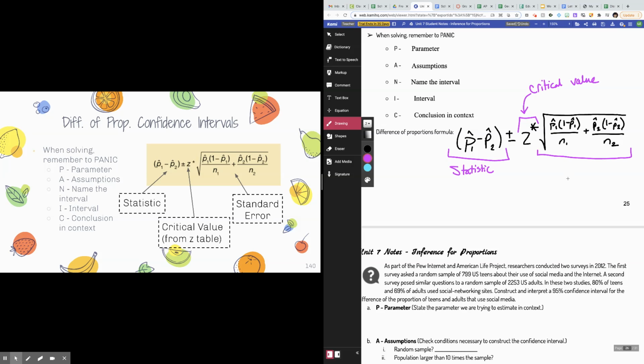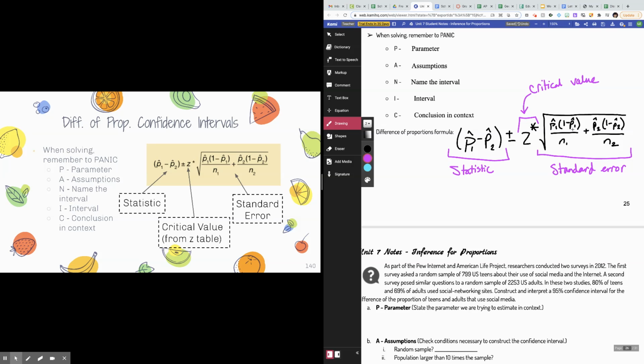And then we have our long formula here for, technically, the standard error because we're using p hat instead of p. But the formula is basically the same as what you're used to. It's just you're plugging in your sample values for each population into the general formula that you already know, rather than using the true values, because we don't know them.